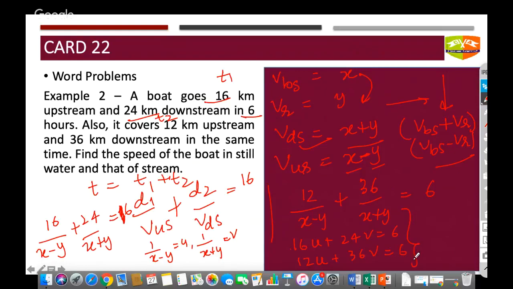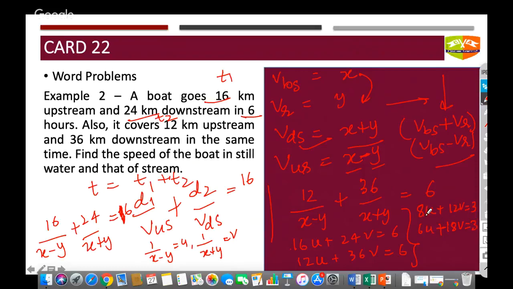Now this can be cut down by 2, because 2 is common, so this gives me 8u plus 12v is equal to 3, and this gives me 6u plus 18v is equal to 3.